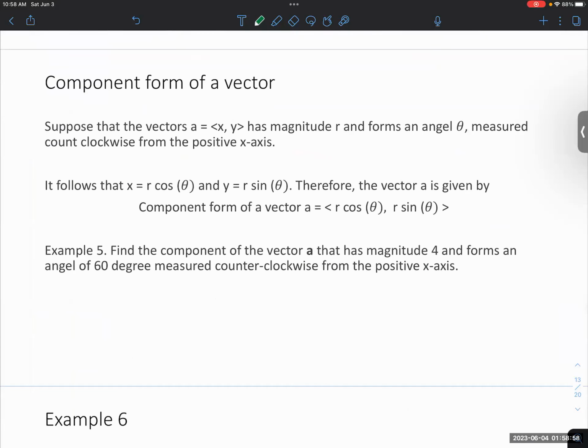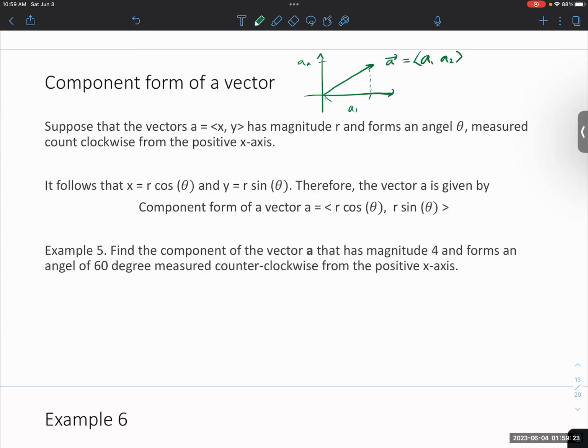Component form of a vector. This is very similar to the work we did in chapter 1. We have vector A, let's say this is A1, A2. We know that A1 is on the x-axis, A2 is on the y-axis.